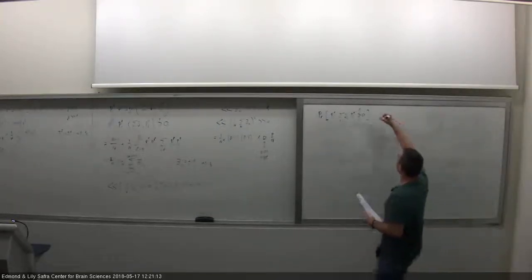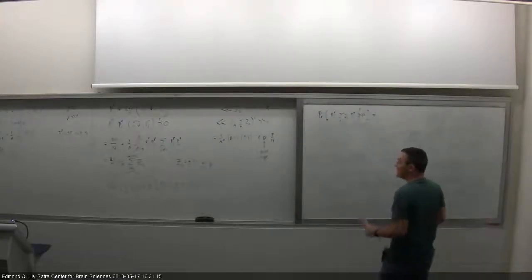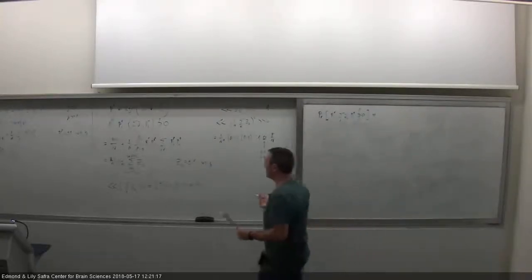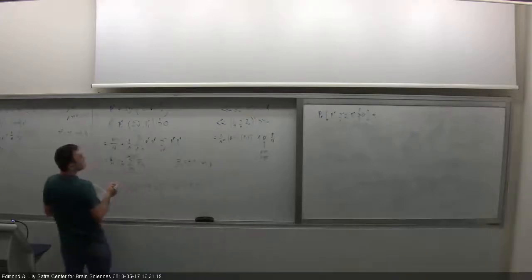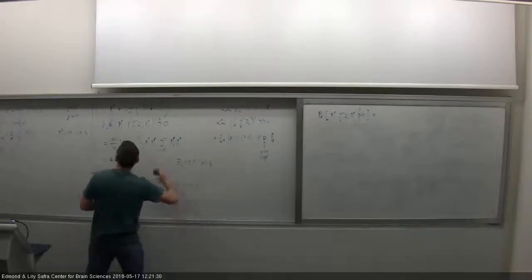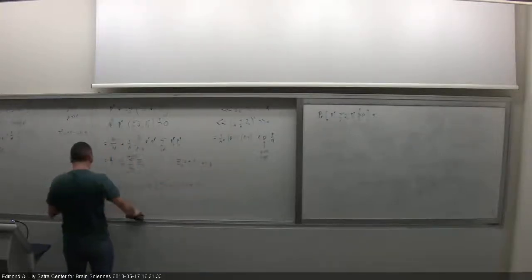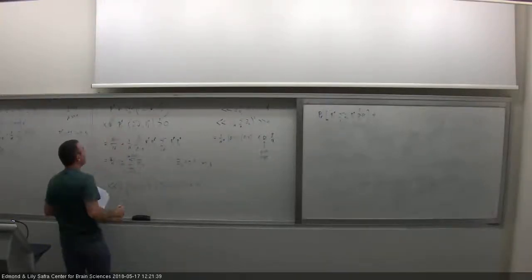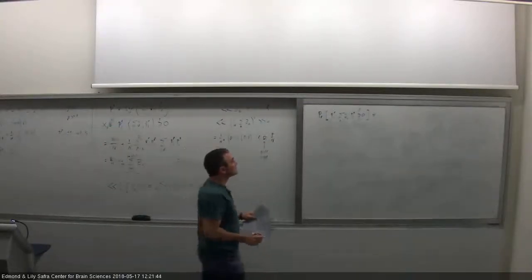So I need to give it a name. Let's call it h_i, the input to neuron i. Let's call it x_i.